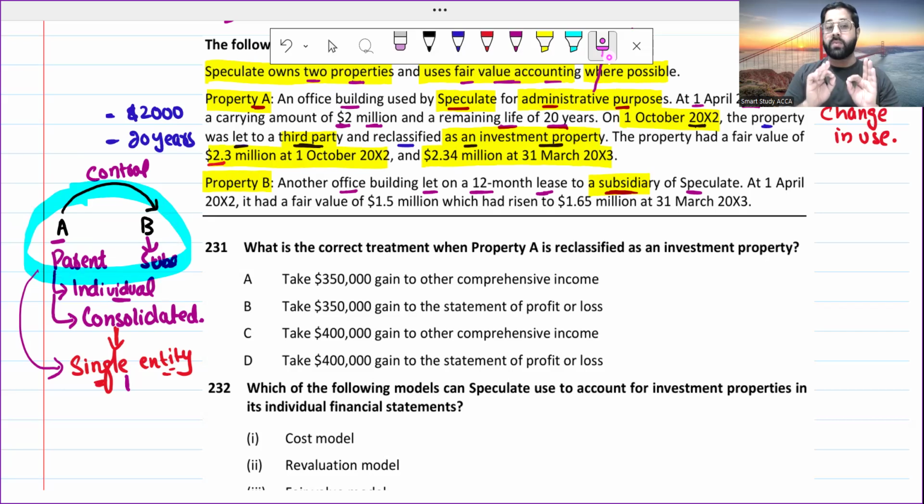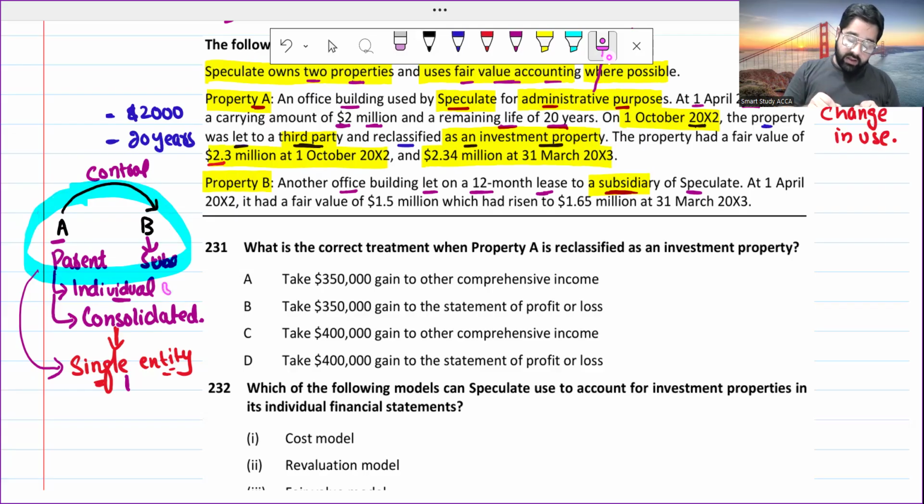For the consolidation perspective, the complete group, the two different entities, are always treated as a single entity. So according to that concept, any transfer of investment property from A to B or from B to A, meaning from the parent to the subsidiary or from the subsidiary to the parent company, will always be treated as owner-occupied property in the consolidated financial statement.